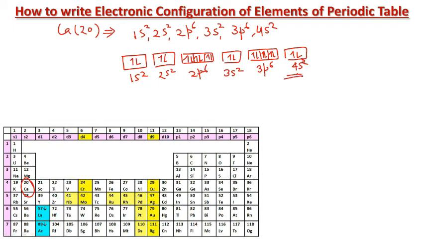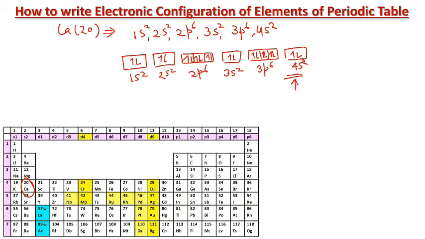The application of this electronic configuration is that one can predict the group number and the period number of the element first, so that it is easy to recognize its properties. Secondly, one can estimate the magnetic behavior of that element.